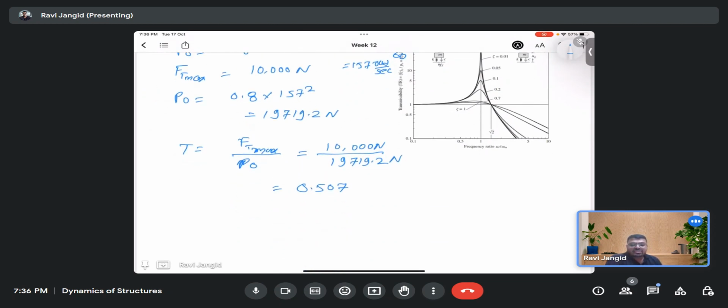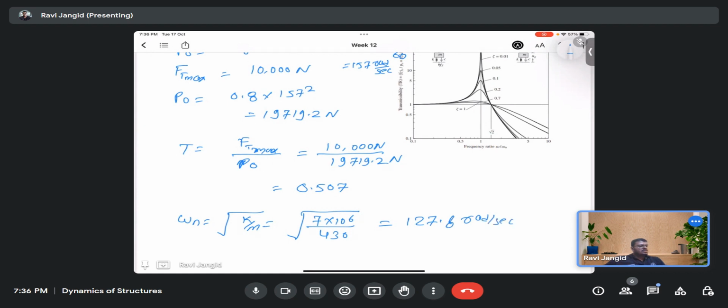Now what is the natural frequency of the isolator system? My natural frequency omega n would be square root of k by m, where the stiffness of the isolator is 7 into 10 raised to power 6 and the mass is 430 kilogram. Can you give me omega n? It is 127.6 radian per second.